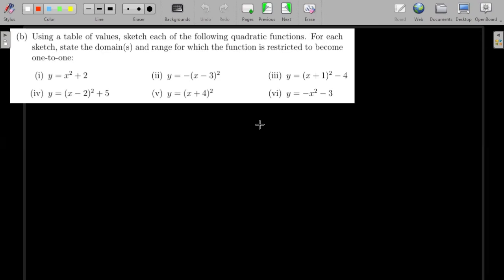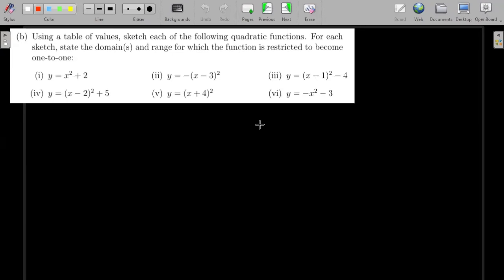So I remember we had a class where I was teaching you guys how to complete the square. And then from the completed square form of a quadratic function, I showed you how you can get the turning point, and how you can get the y-intercept, the x-intercept, and actually sketch the quadratic function, right? So that method that we are using there is not accurate.